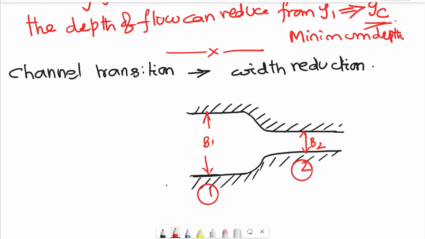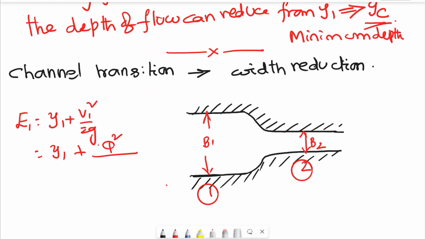If that is the case, we know E1 is equal to Y1 plus V1 squared by 2g. V is equal to discharge by area.